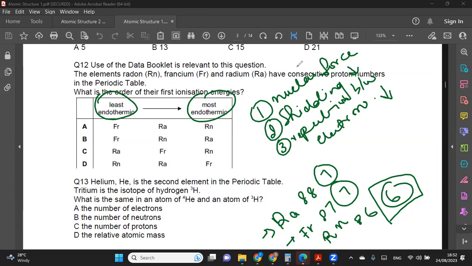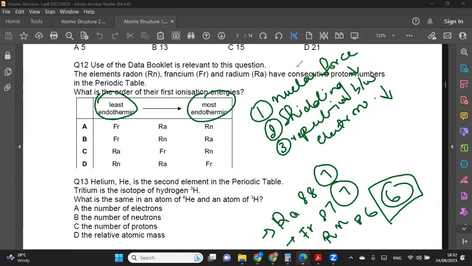So should the ionization energy be higher or lower? Think about it. If there is less repulsion between the electrons and the electrons are also closer to the nucleus because shielding is less, there are fewer shells in the middle. The electron is closer to the nucleus.